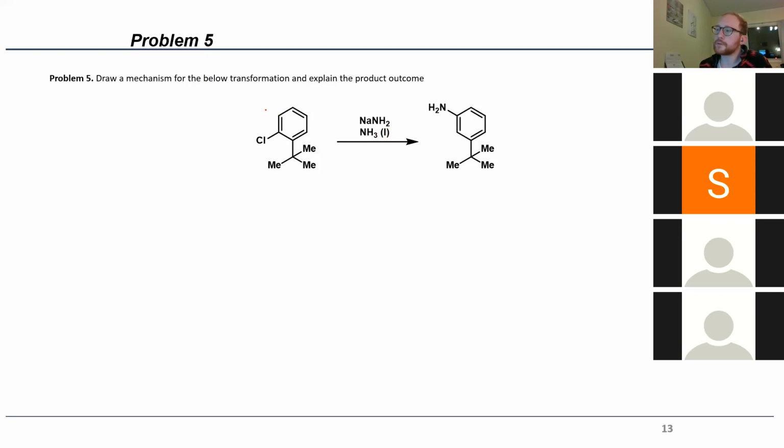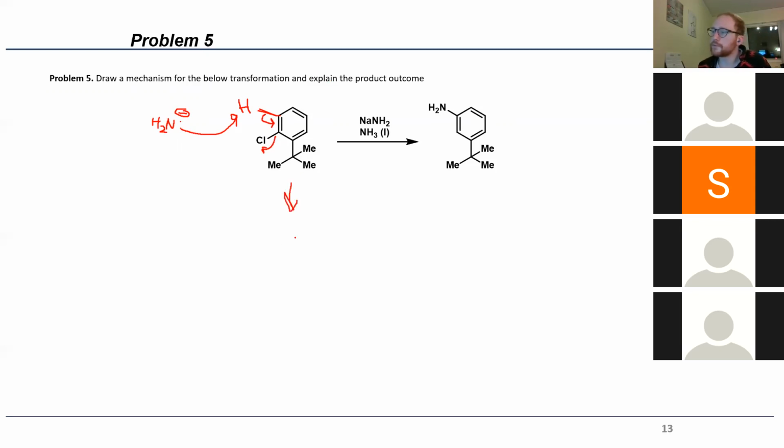And so we just talked about benzyne. In these reactions, there are elimination addition reactions. The first step is the elimination of the aryl chloride by our very strongly basic reagent. And so in this case, our sodium amide, very basic, will deprotonate the aromatic ring to do an elimination of the aryl chloride.